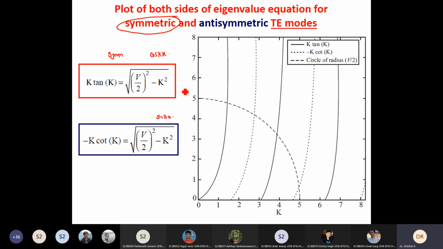On the y-axis I am plotting V by 2, and on the x-axis I am plotting K, which is equal to kappa into d by 2. You know what V and kappa are.